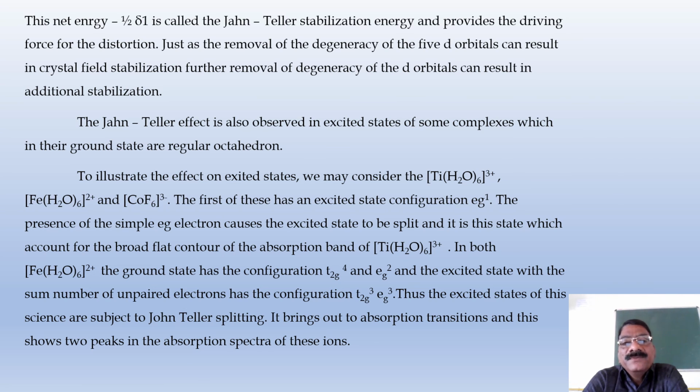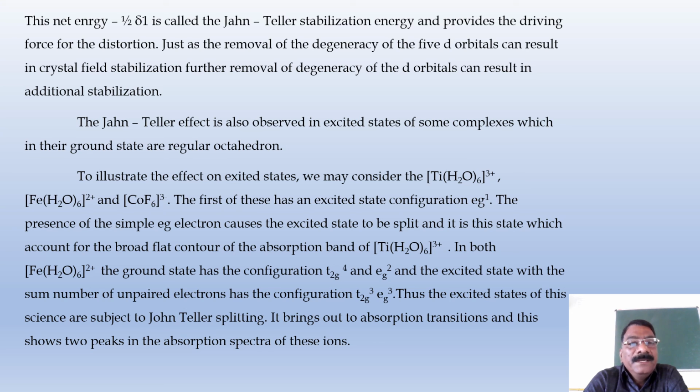The first of these has an excited state configuration eg1. The presence of the single eg electron causes the excited state to be split, and it is this which accounts for the broad flat contour of the absorption band of [Ti(H2O)6]3+.